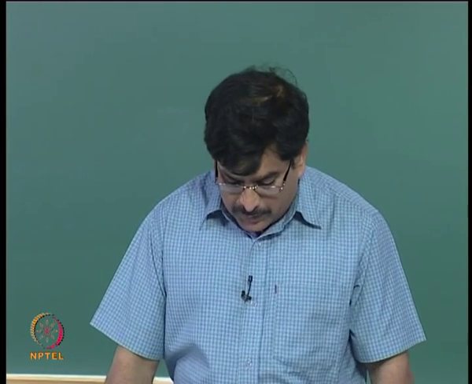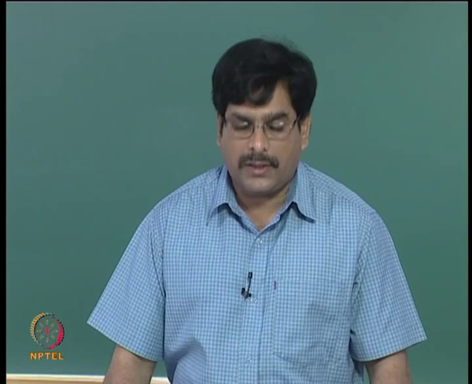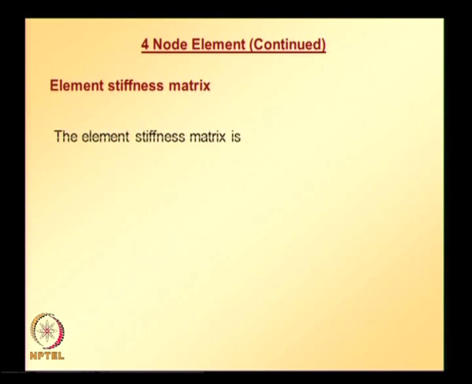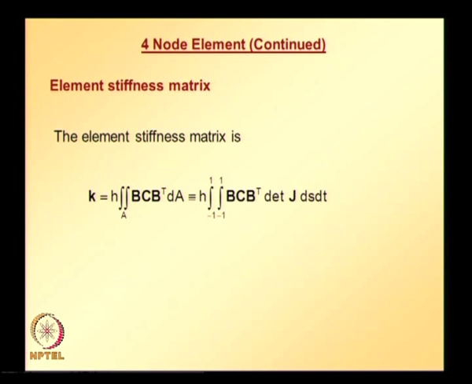So, now let us look at the element stiffness matrix. Element stiffness matrix is defined like this. Please note here, for a 3 node linear triangular element, B matrix is a constant, whereas for a 4 node quadrilateral element, B matrix is not a constant.